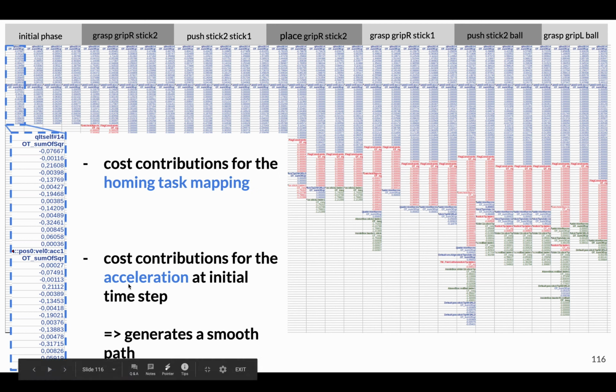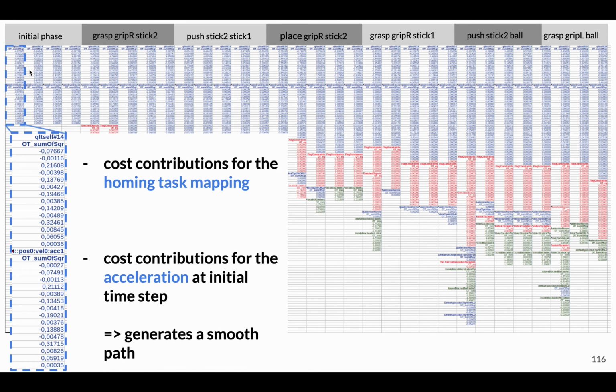And acceleration, we would like to minimize to generate a smooth path. And as you can see, to build up a cost, we go over all time steps of the video. The agent always has some additional cost for not being in the original position. But this cost is probably small relative to the other costs, therefore it's okay to have some additional cost for home position.